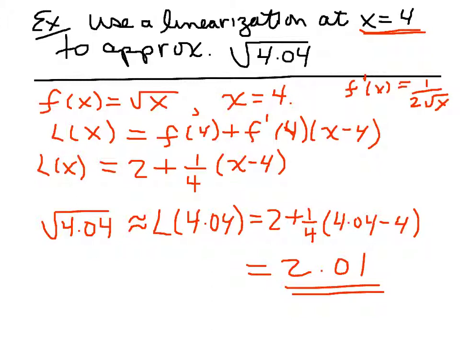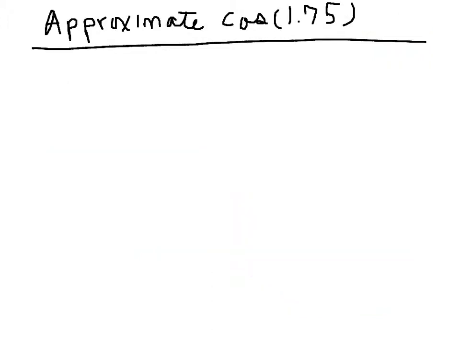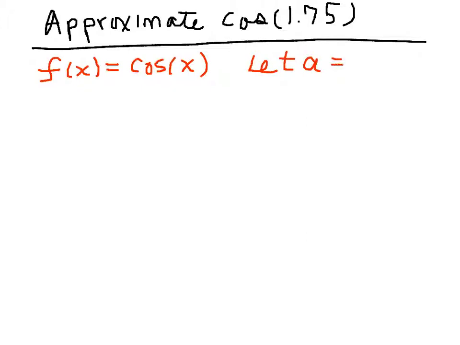Seems simple enough? So here's another example, not quite as nice. Suppose we're looking to approximate the cosine of 1.75. So our underlying function here is cos x, and the nice point, which we'll call a, is pi over 2.